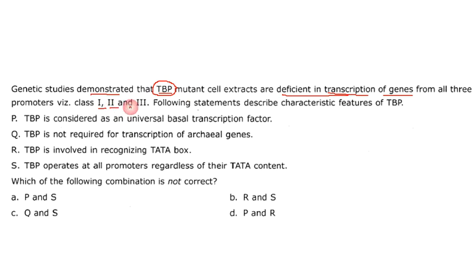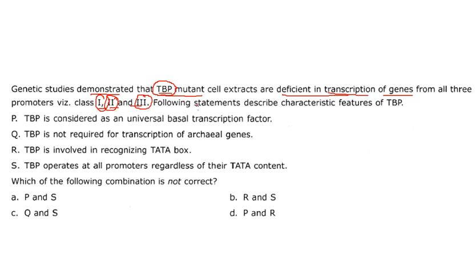Okay, class 1, class 2, class 3. If TBP mutant cell extracts do not have these promoters, I said it wrongly, that means they will not show transcription from any of these promoters when there is a TBP mutant.